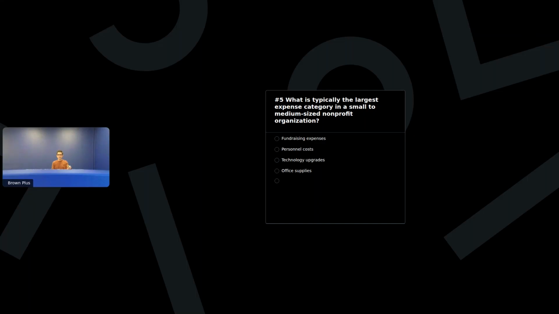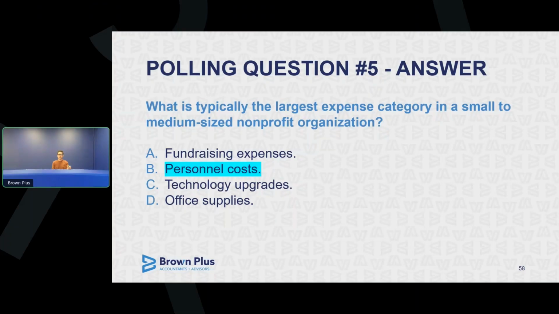The question is, what is a typical large expense category in a small to medium nonprofit organization? And the answer is personnel costs.